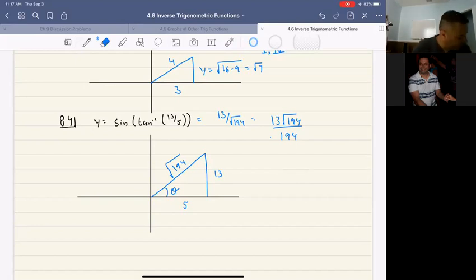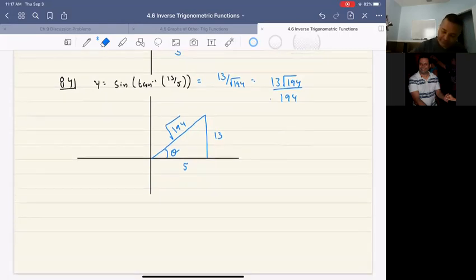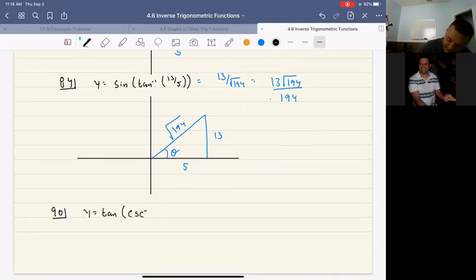Let's continue. 86. Actually, I'm going to skip to 90. In 90, y equals tangent of the cosecant inverse of -2.